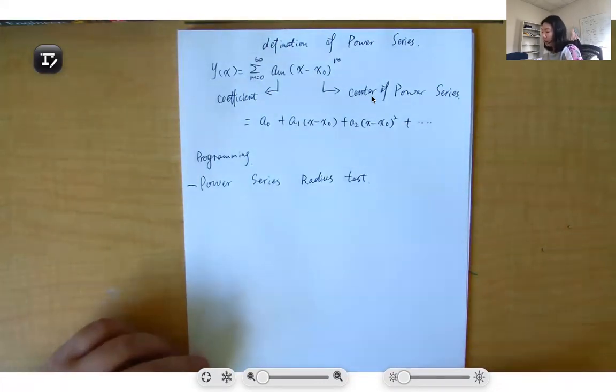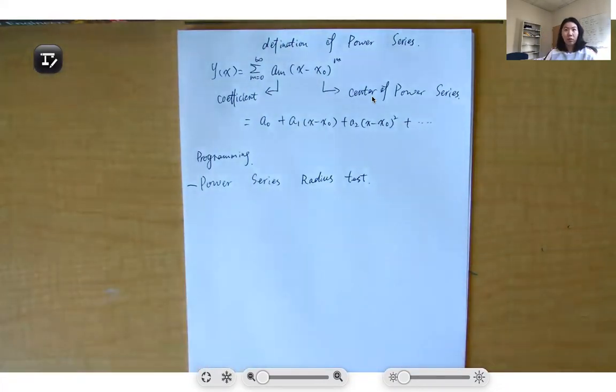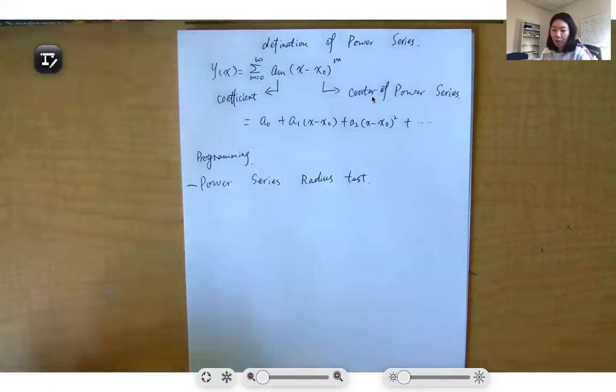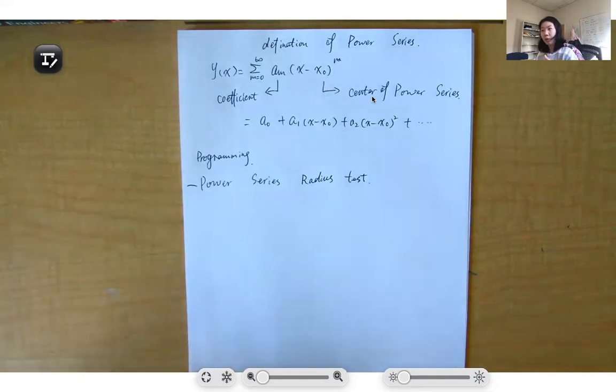This radius test essentially tests whether this power series at the nth step can converge or not. Think about a power series: when you do the sum, when you add more terms, it gets closer to the true value. But if with more terms, going to the nth term, it goes to infinity, then this power series will go to infinity. It couldn't converge.